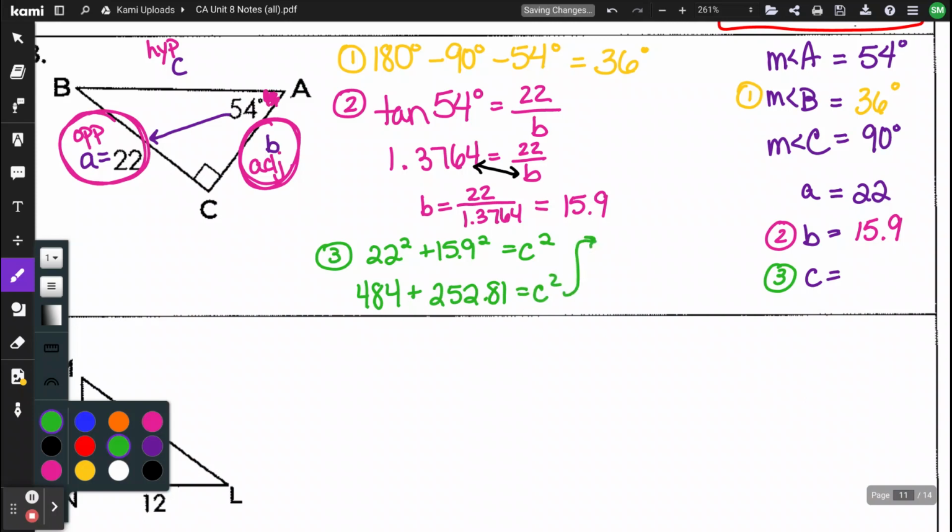If we add those up, we get 736.81 equal to C squared. So then we take the square root on both sides.